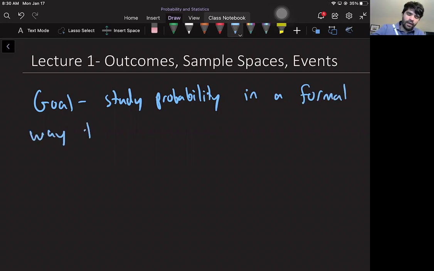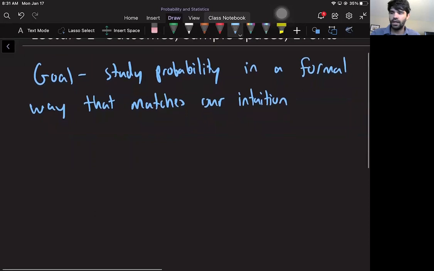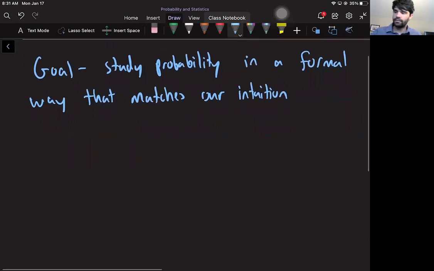But of course, that should match our intuitive understanding of probability. So like the probability of rolling a 3 on a dice roll should still be 1/6, even when we introduce all this formalization. That kind of stuff shouldn't change. We just want to say it in a way that makes everything very precise.